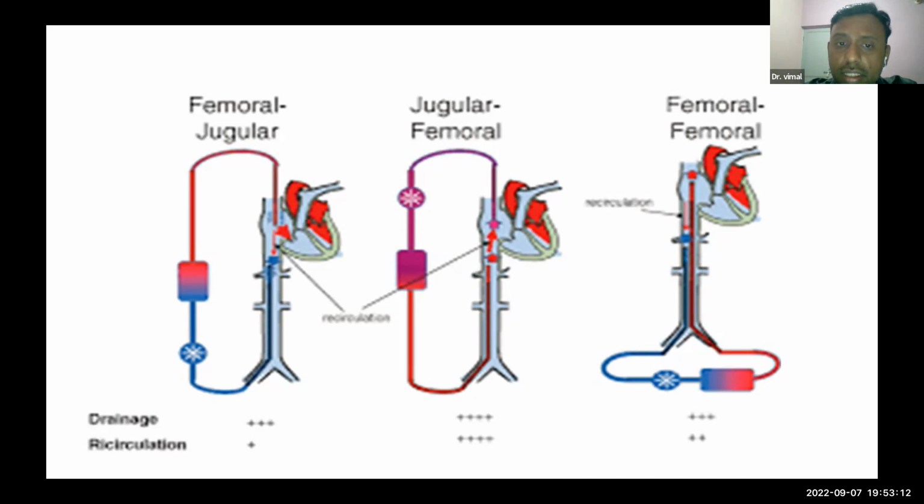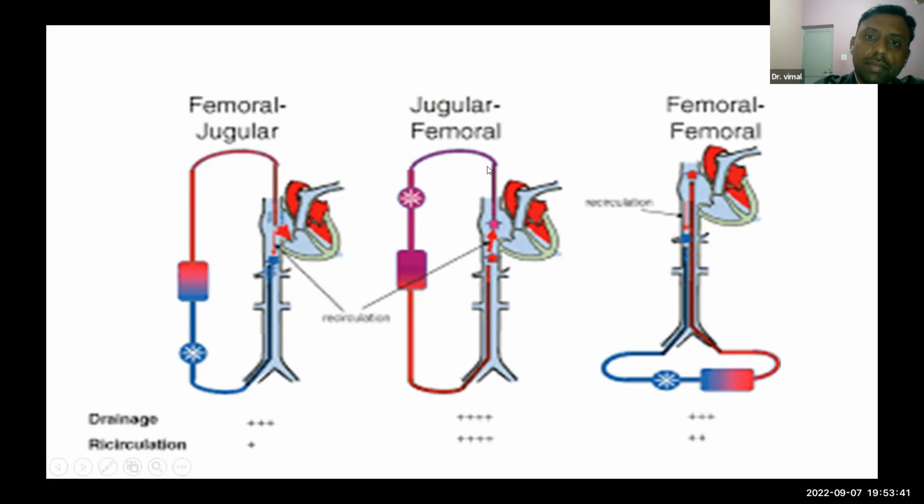There are many other factors which can lead to recirculation. Among them, the position of the catheters is important. The drainage cannula, by convention, should be placed 2 centimeters from the junction of the RA with the IVC, and the jugular cannula is at the junction of the IJV with the right atrium.